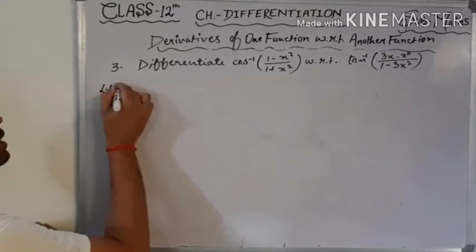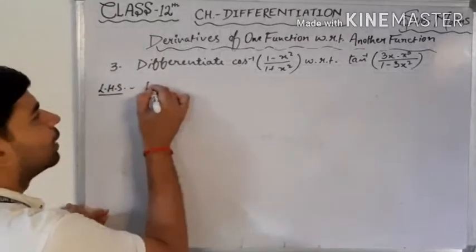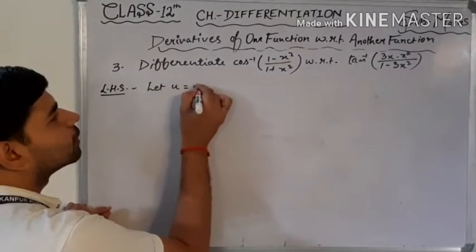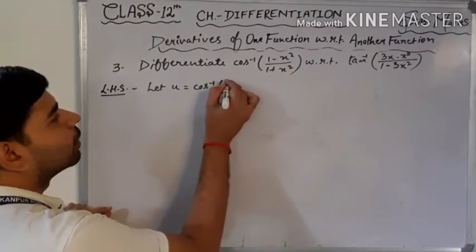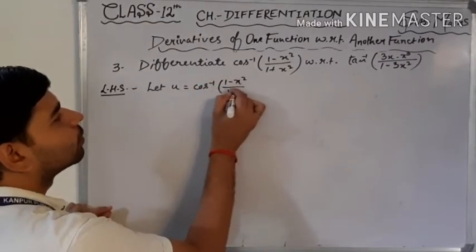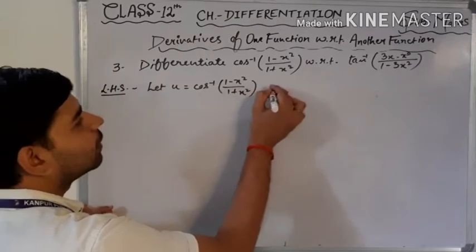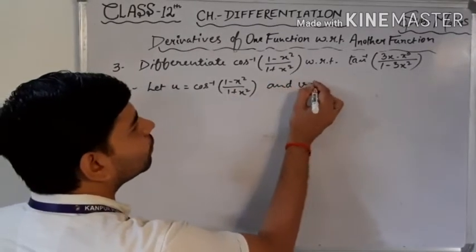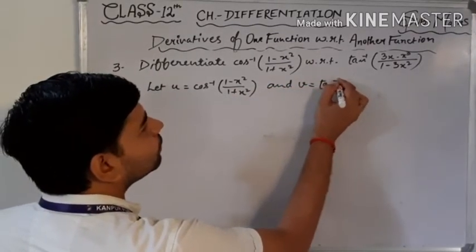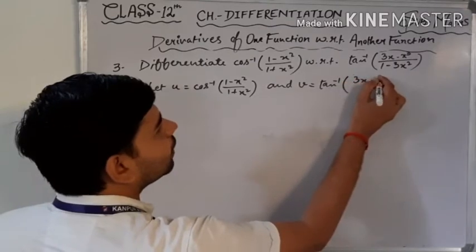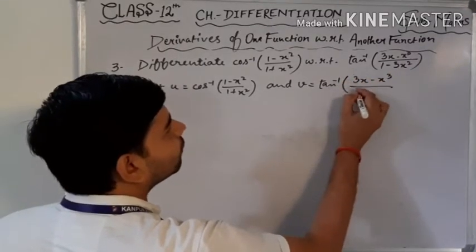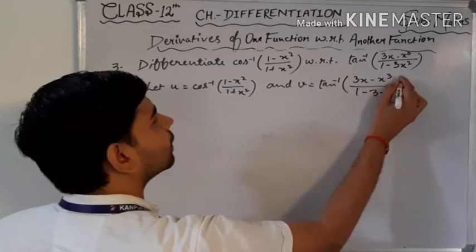Same procedure we will apply. Let u equal cos inverse 1 minus x square upon 1 plus x square, and v equal tan inverse 3x minus x cube upon 1 minus 3x square.